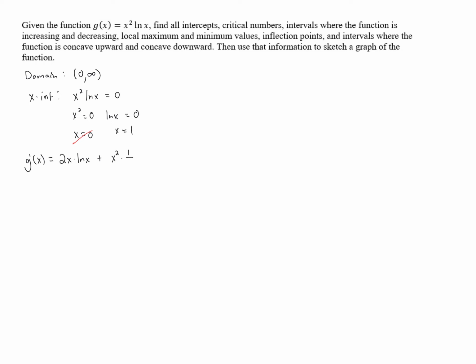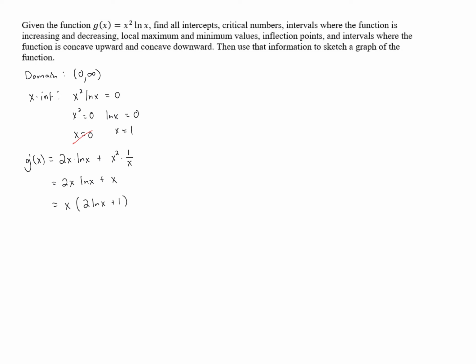The derivative of ln of x is 1 over x. And so this ends up becoming 2x ln of x plus x. And if we want, we can factor out an x. So x times 2 ln of x plus 1.